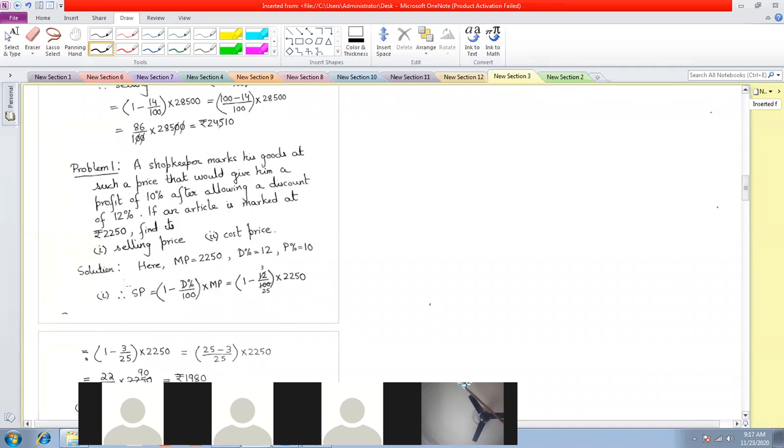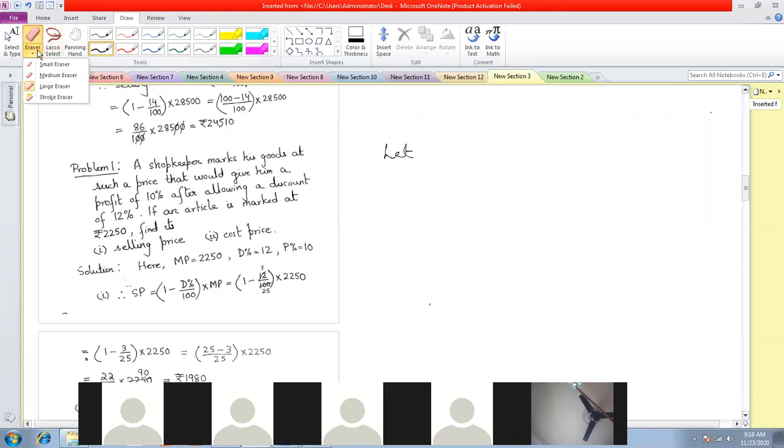Just as in a profit and loss problem, when you did not know the price, you assumed the cost price to be X. Similarly, whenever discounts are involved, if you don't know the mark price, always assume the mark price to be X first. That will be of great help. So here, a discount of 12% is involved, which means there has to be a mark price.